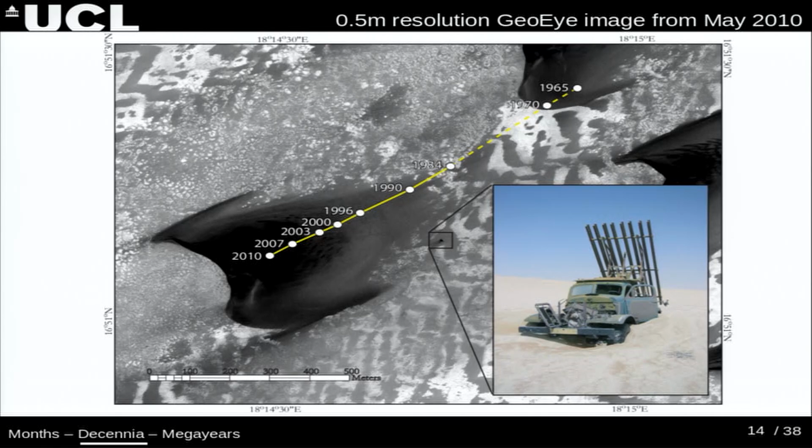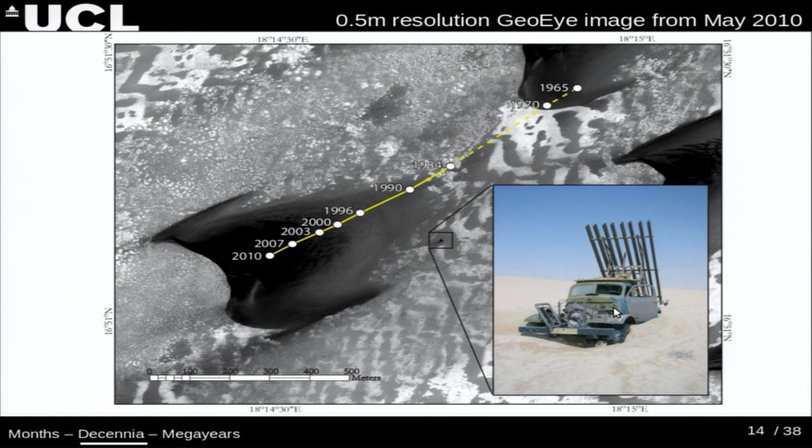At that time, Chad was relatively safe, and Charlie visited the Bodele Depression and he recorded the GPS coordinates of a Russian rocket launcher that was left behind from the war between Libya and Chad in the early 1980s.